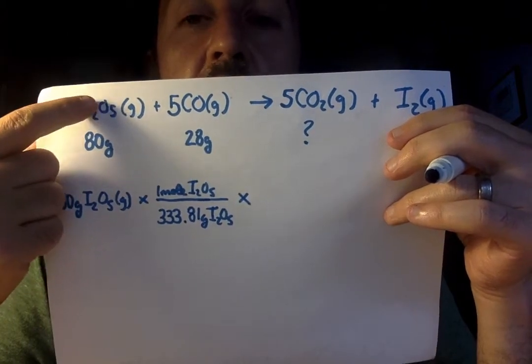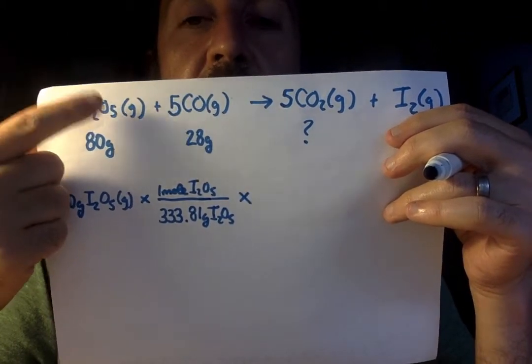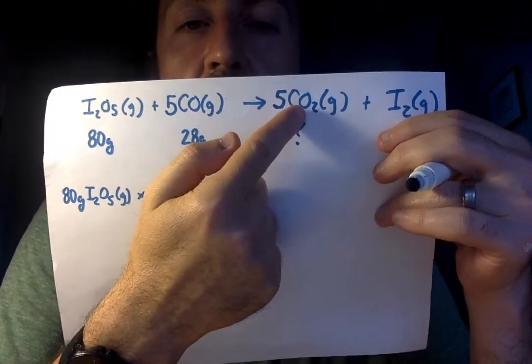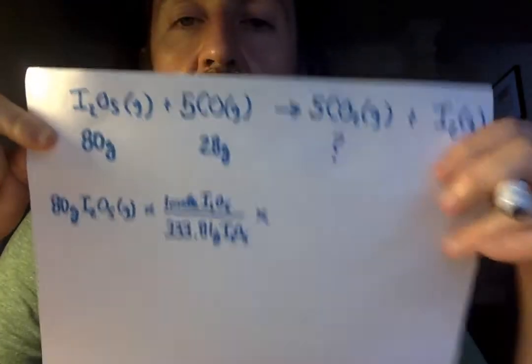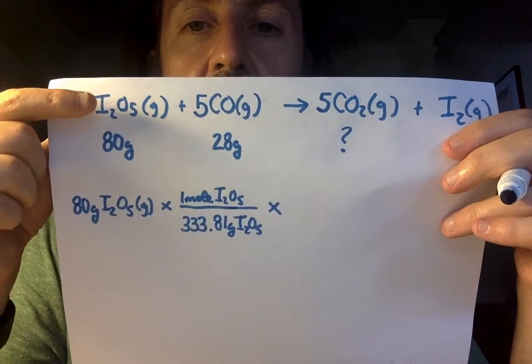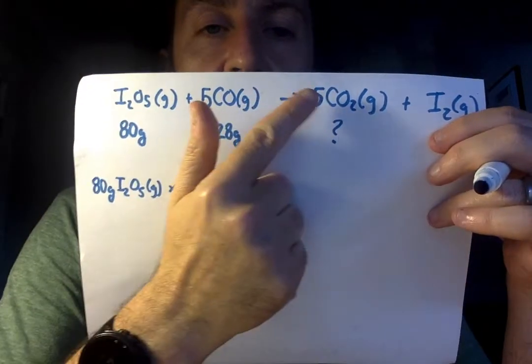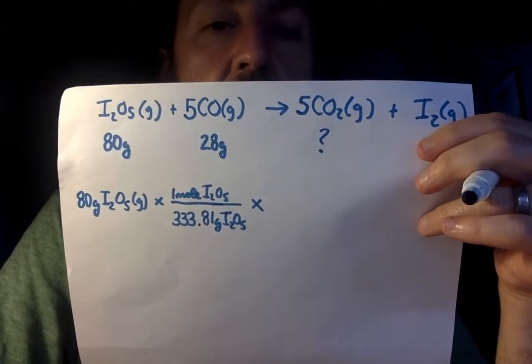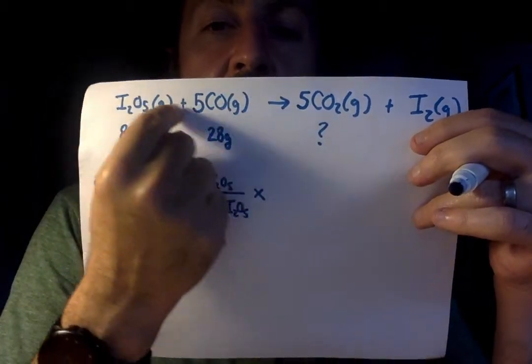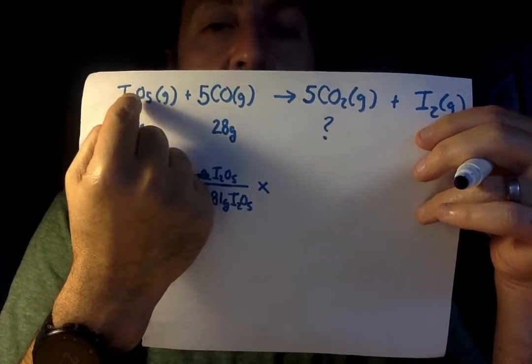And then I want to go from moles of this to moles of carbon dioxide. So in my chemical equation, that is a 1 to 5 ratio, okay? I get 5 carbon dioxides for every one of these I throw in.